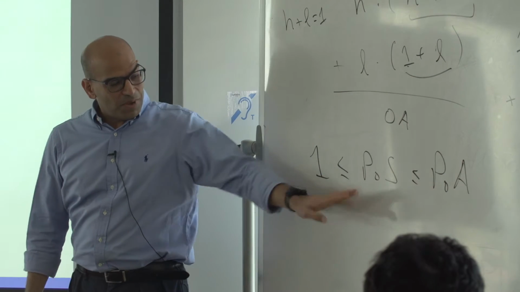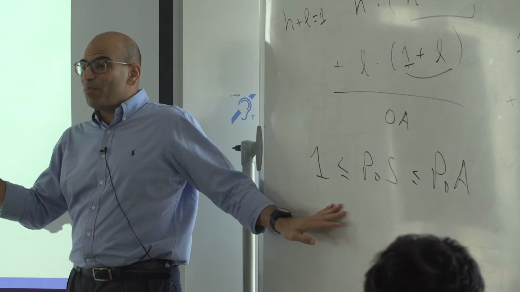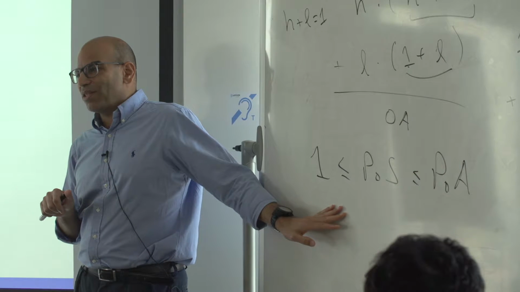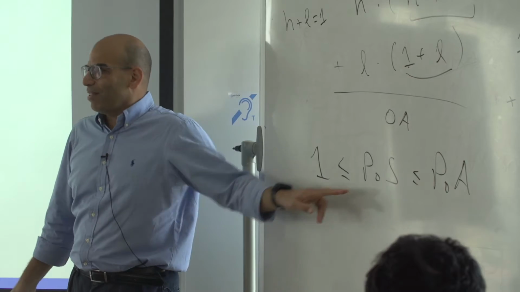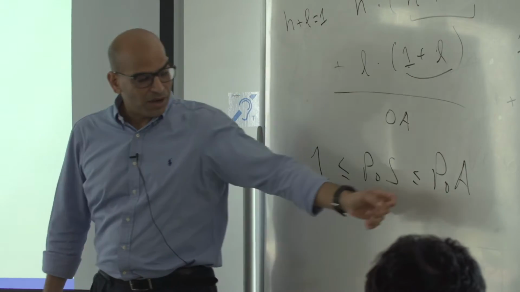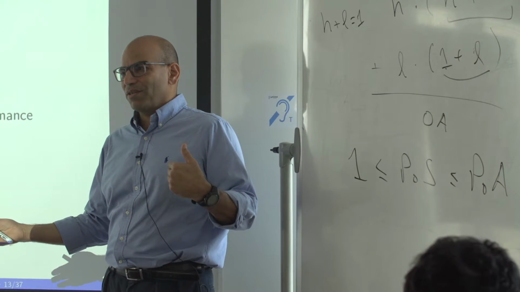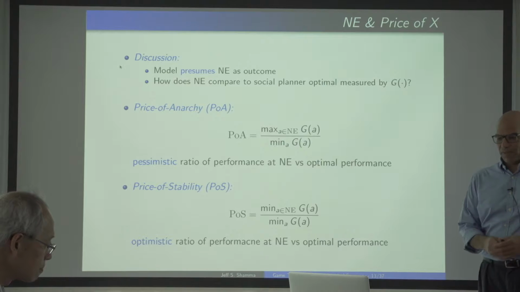What does it mean for the price of stability to equal 1? That means there's a Nash equilibrium somewhere in there that represents what the central commander would have done. That doesn't mean the agents will find it, but it's there. And a large price of anarchy means that our agents might get stuck at a very inefficient configuration as compared to what a central commander would have done.